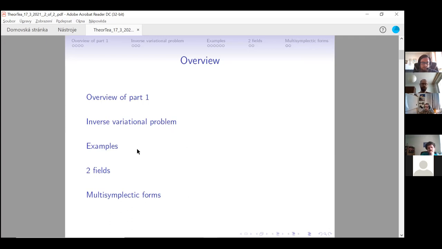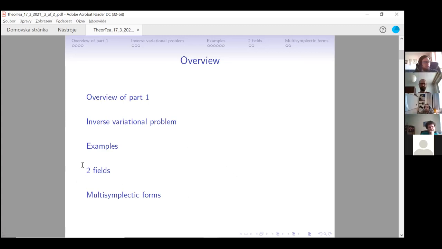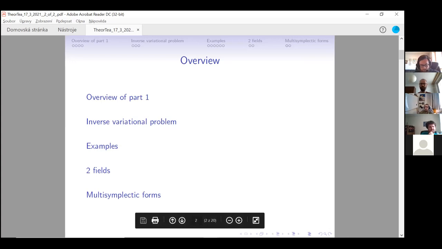Everybody knows this, but I will just show how computationally the stuff works. And then the other examples are computationally a bit more involved, not that much because of difficulty with computations, but there are simply more terms as the dimension is higher. Then, as I said, I'll give a brief idea of how it can be generalized to two fields, and at the end, the multisymplectic forms.